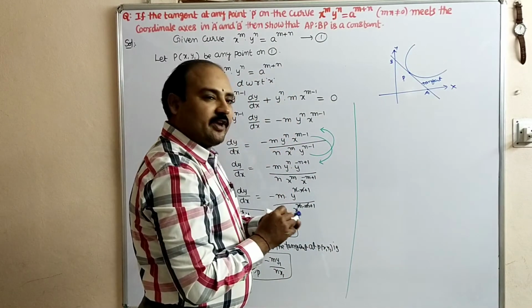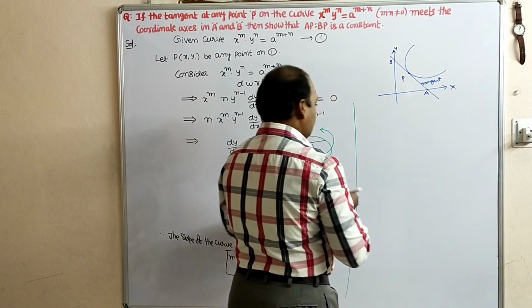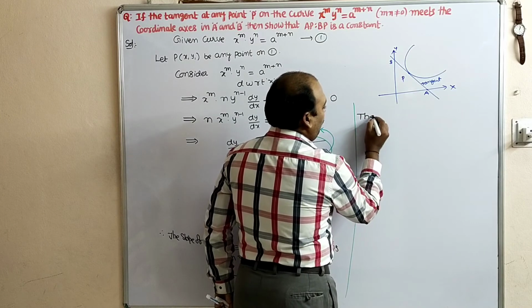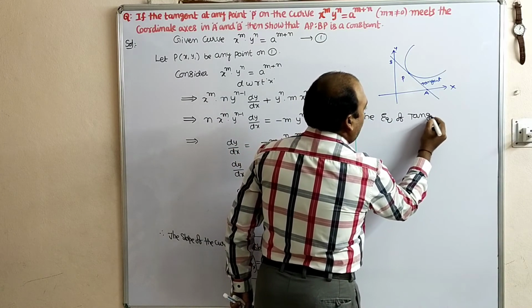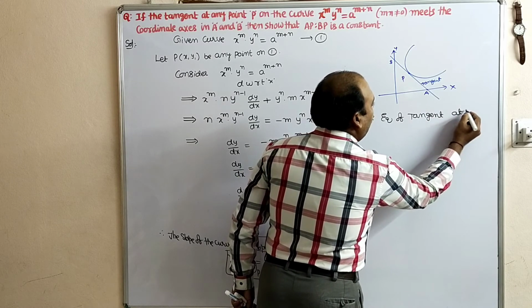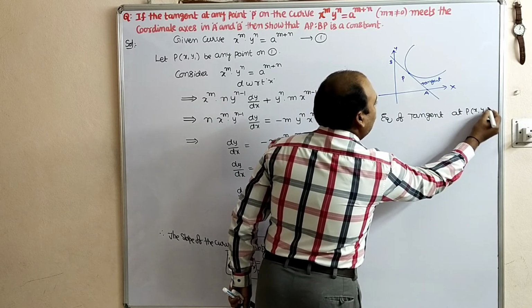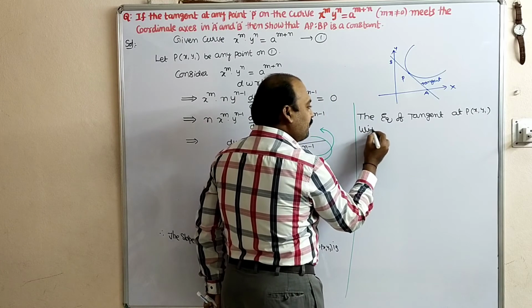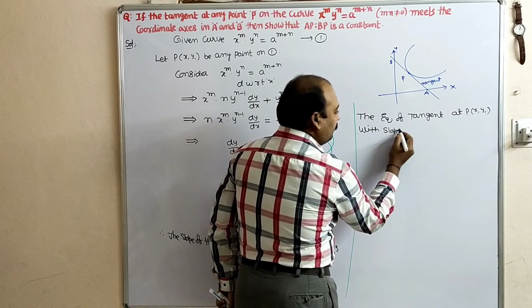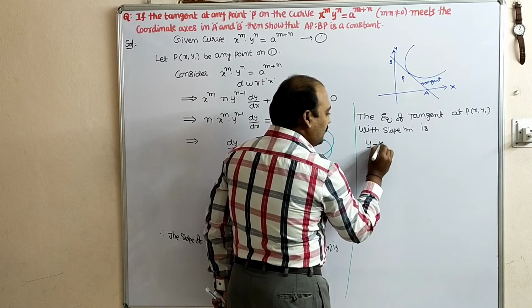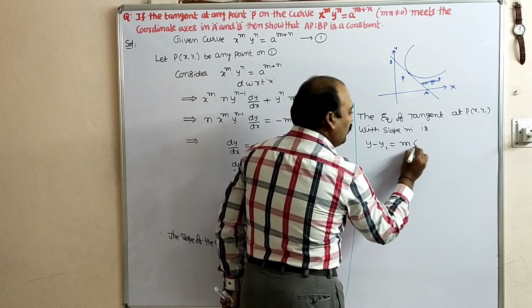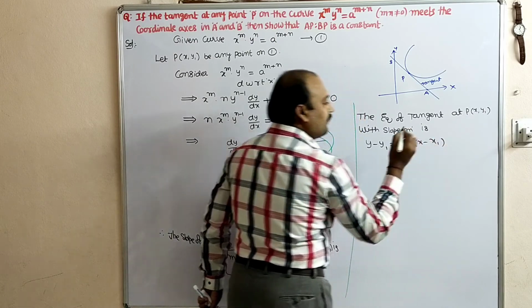So the equation of tangent at P of x1, y1 with slope m is y minus y1 equal to m into x minus x1.